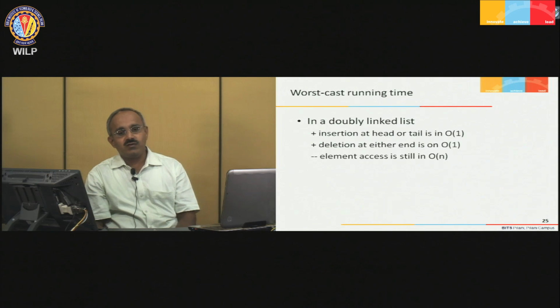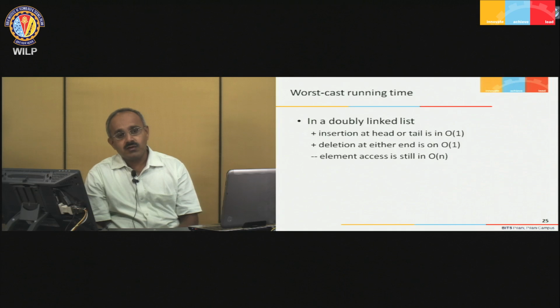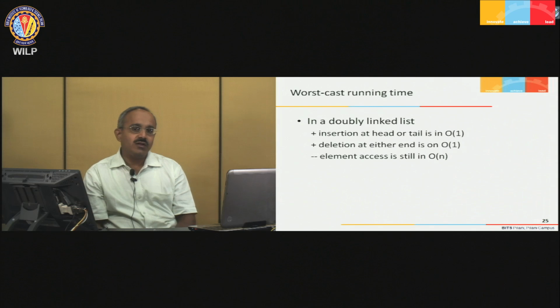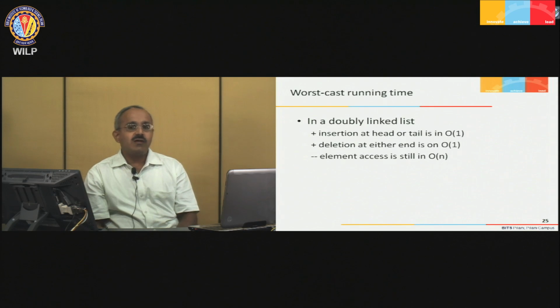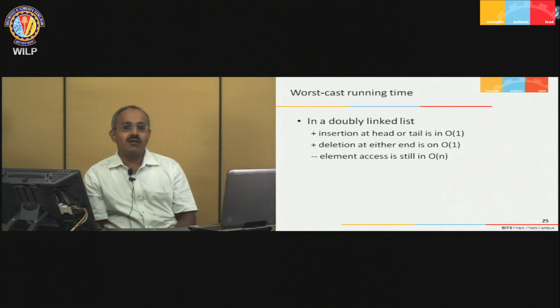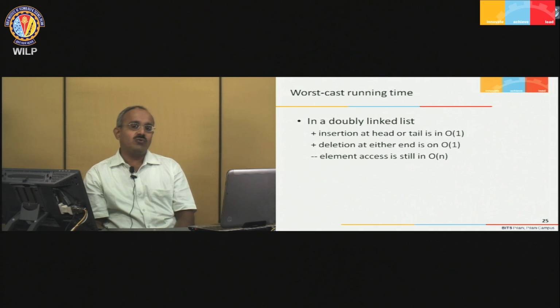Arrays are useful when you have a precise idea about the data that you are going to handle. Then the access is fast, and operations that you perform, enqueue, dequeue or push, pop, are also efficient. But when you have applications where you have no specific idea about what size of data you are going to handle, it's useful to use a linked list, though the operations now happen in linear time rather than constant time.